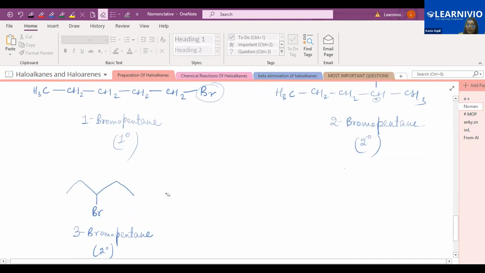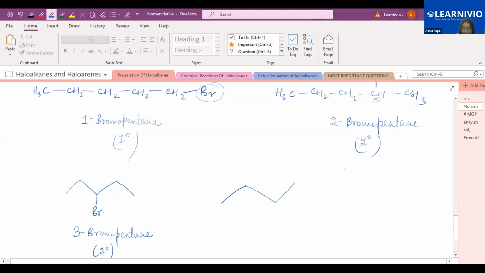Now one more thing you can do. This is all about the pentane. Now you can shorten the chain. Shorten the parent chain. It was a pentane, now just make it butane. See how to do that. 1, 2, 3, 4, a 4 carbon chain, butane.